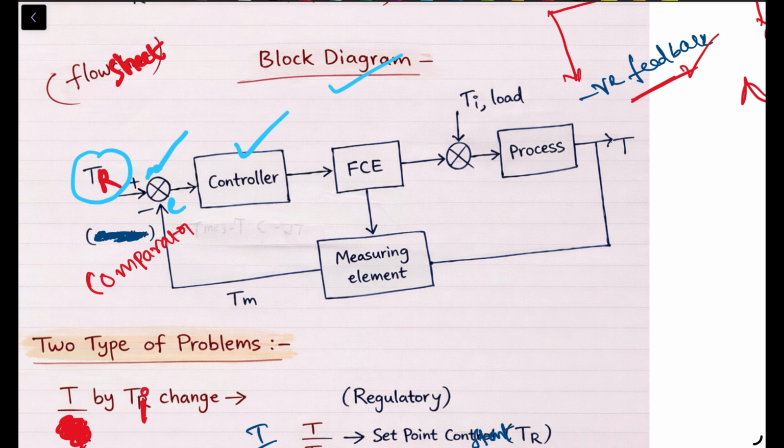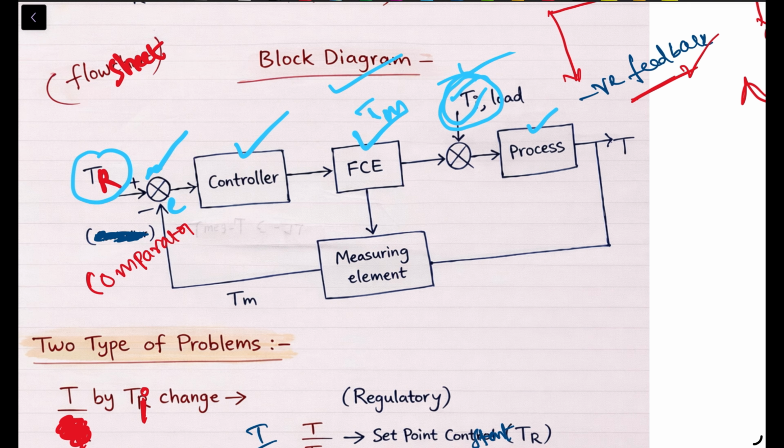The controller processes the signal and sends it to the final control element, called FCE. The FCE then adjusts the manipulated variable such as heat supply. After that, the signal enters the process, which in our case is the CSTR reactor.